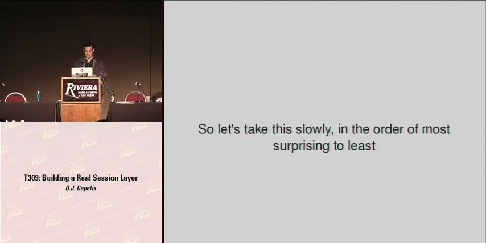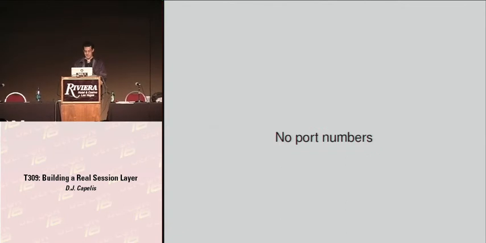So let's take this slowly in the order of most surprising to least surprising. No port numbers. Probably the most surprising thing that I'm going to tell you that I'm trying to get rid of today. There's some precedents. Port mapper, a common RPC service. RPC services generally didn't run on the same port twice, so you needed a port mapper to map an RPC service to an actual port.